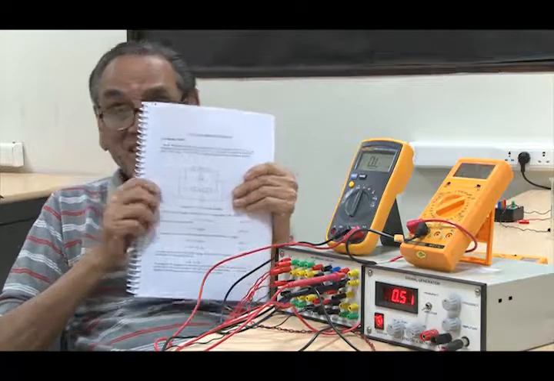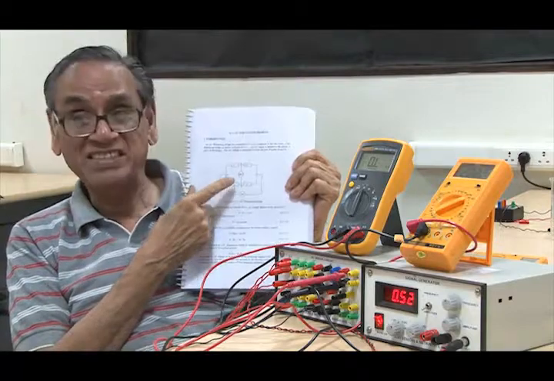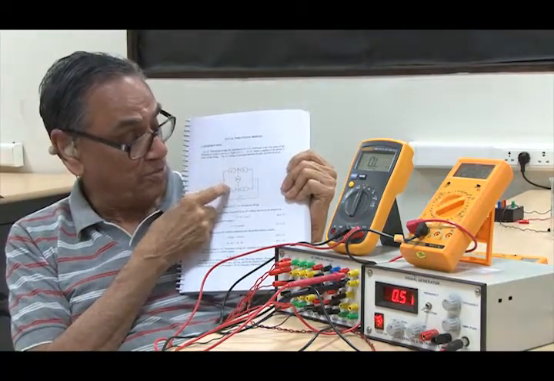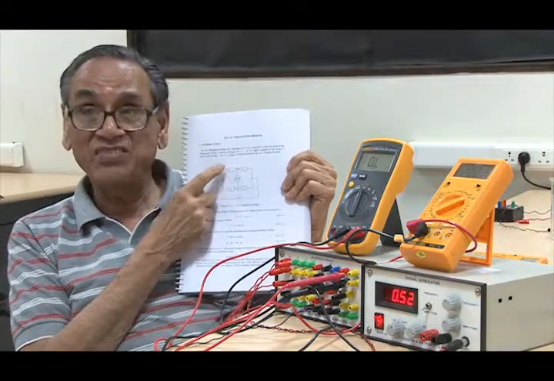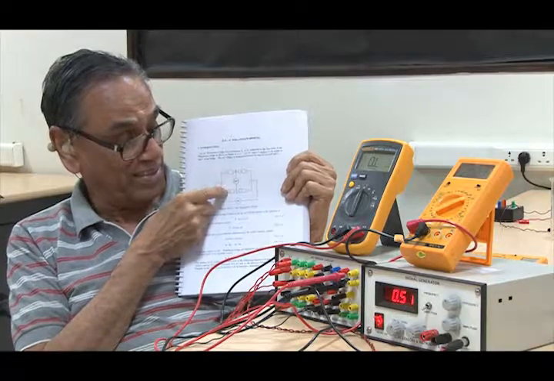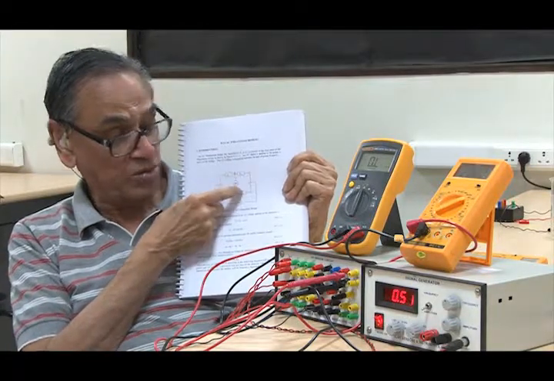An AC bridge is a Wheatstone bridge. It has 4 arms in which we connect 4 impedances Z1, Z3, Z2, Z4.